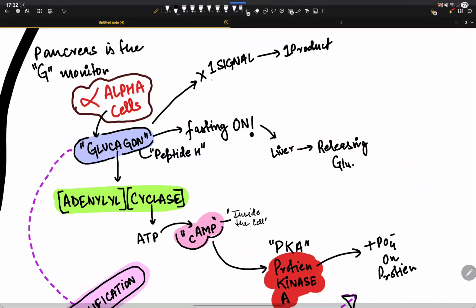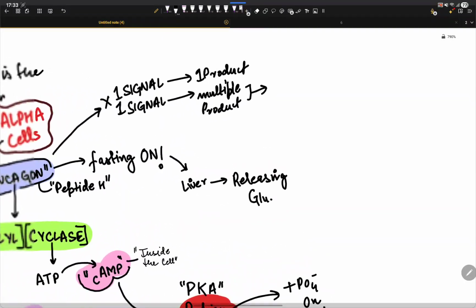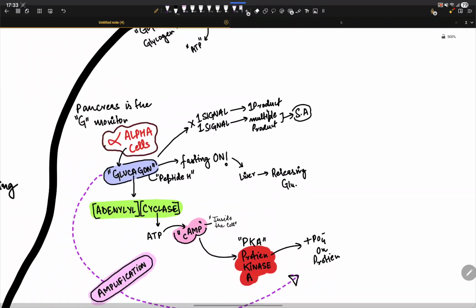What you want is one signal to produce multiple products. That's what you want, and that thing is called signal amplification. So simple, right? That's what signal amplification is. Now, why is amplification important? I just answered you, right?